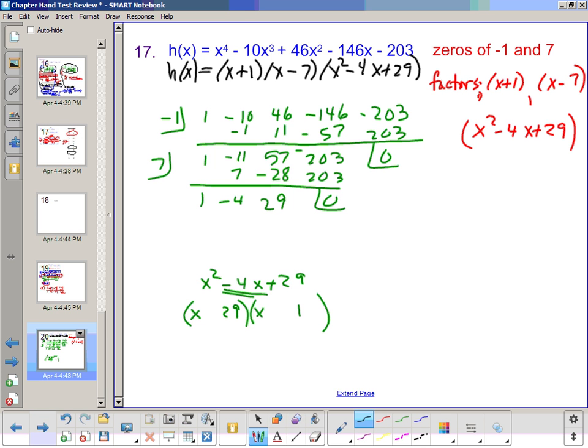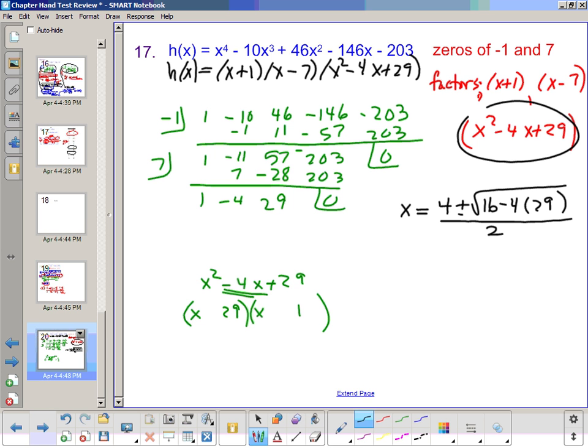And the last thing we need to do is find the zeros that go with that quadratic. So let's use the quadratic formula. x equals minus b plus or minus the square root of b squared minus 4 times a times c, all over 2a. So x equals 4 plus or minus the square root of 16 minus 116, all over 2.